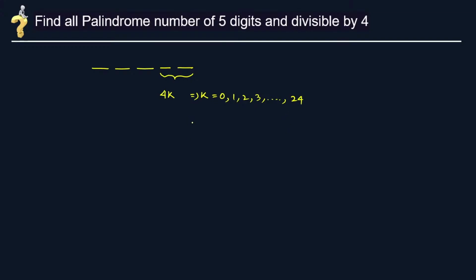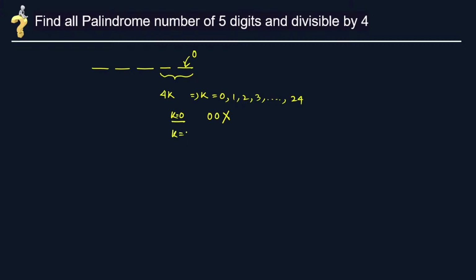Now look at it very carefully. If k is 0, then the last 2 places are 0, 0, which is not accepted. Why? Because the last digit cannot be 0. So k cannot take the value 0.